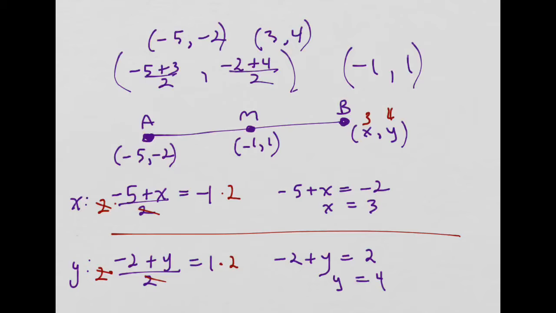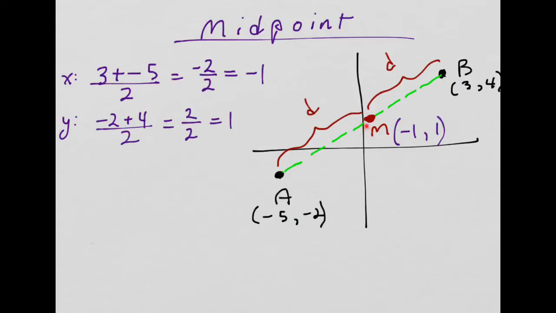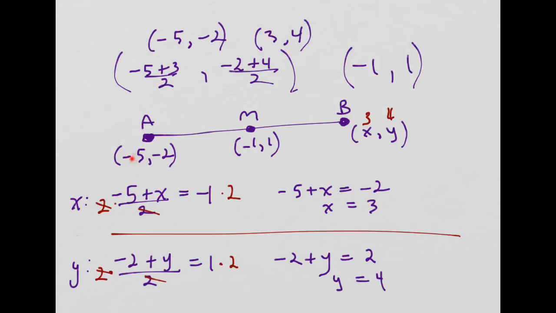And so you can do that if the midpoint is unknown, in which case you've got numbers, or in this case you've got one number and one unknown that you're adding together, and take the average. But what you do know is that you've already been given the value of the x-coordinate of the midpoint and the value of the y-coordinate of the midpoint. So either way, we're solving these with averages.